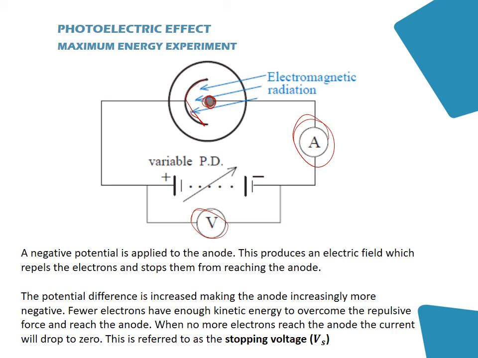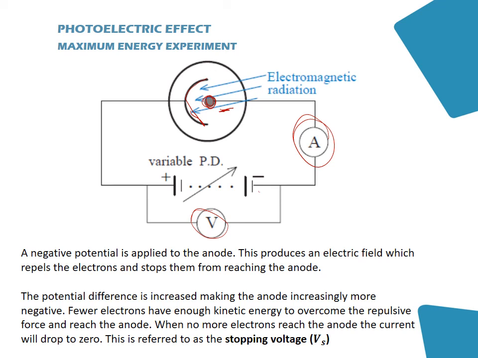So once we've got it set up, we start to apply a potential difference to our circuit. And what that does is, if we're attaching it to a battery, we want to make sure that our negative connector is heading to our anode as indicated in the diagram. So when we apply the potential difference, it produces an electric field which repels the electrons, because if we put the negative end here, it means that our anode is going to become negative.